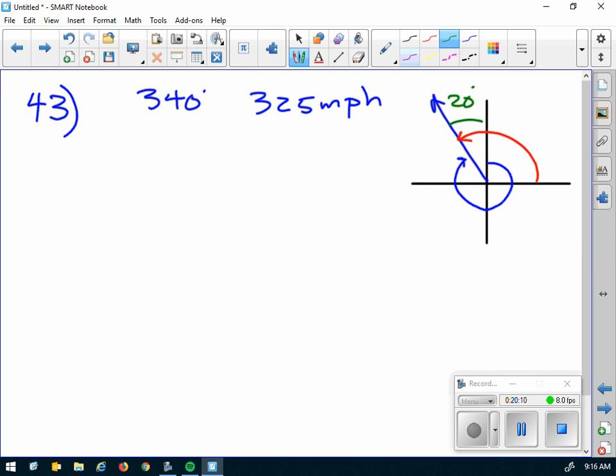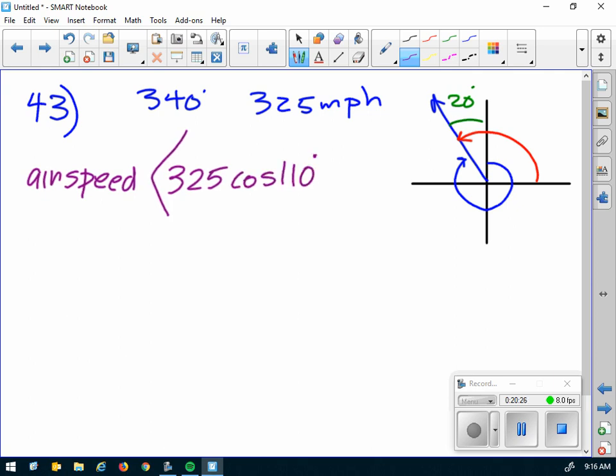So the airspeed, we're just writing a vector for the air. Magnitude times cosine of theta, magnitude times the sine of theta.